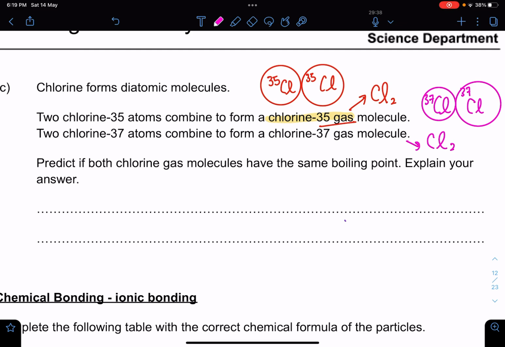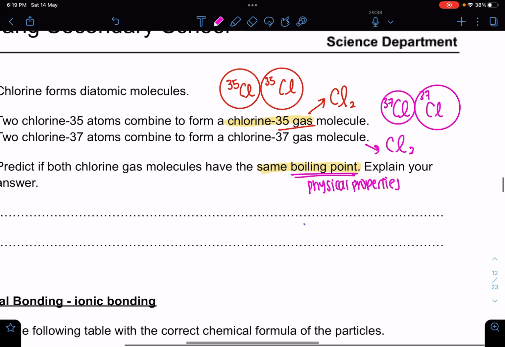Okay, so it says here, do these two chlorine gas molecules have the same boiling point? Explain your answer. So you have to know that boiling point and melting point are what we call physical properties. And physical properties are dependent on the mass number. So these chlorine 35 gas molecules and chlorine 37 gas molecules have different mass numbers and hence they will have different physical properties.